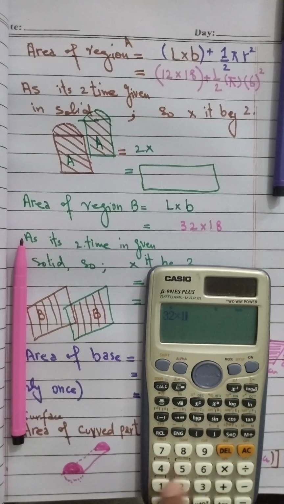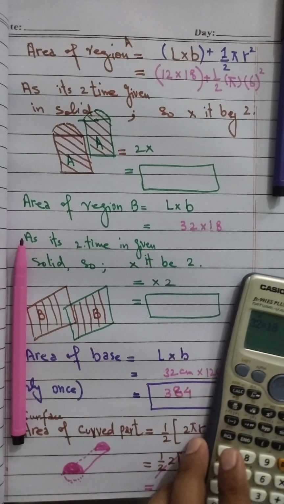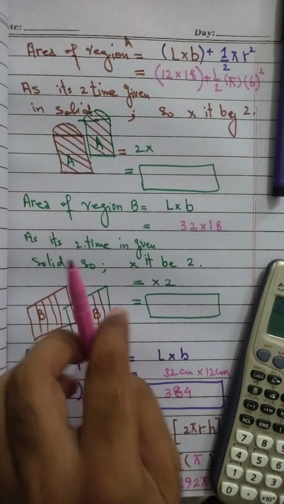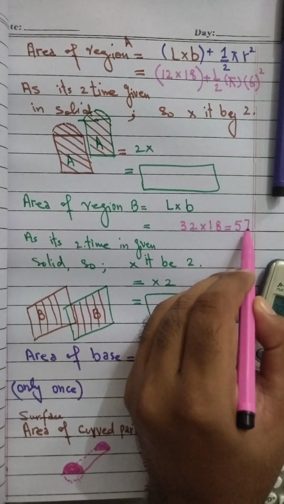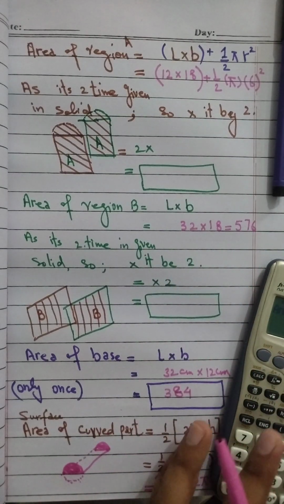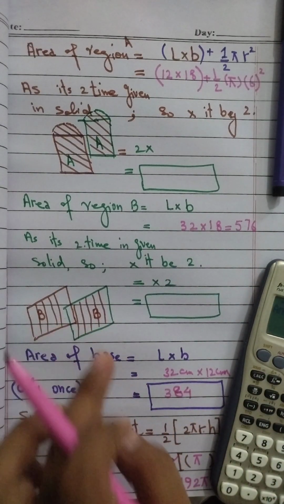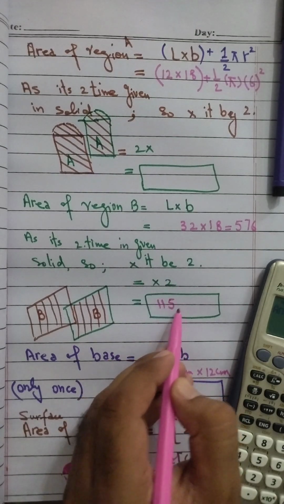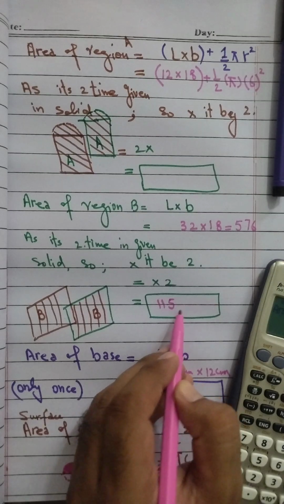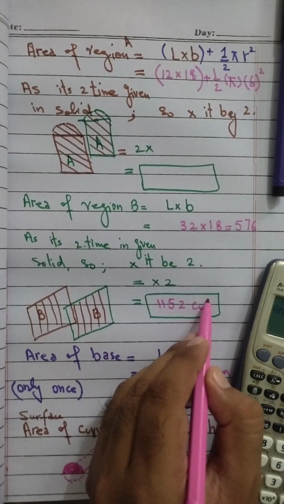Let's use the calculator: 32 multiplied by 18 becomes 576, and as it was 2 times, because there are 2 B's, it becomes 1152 centimeter square.